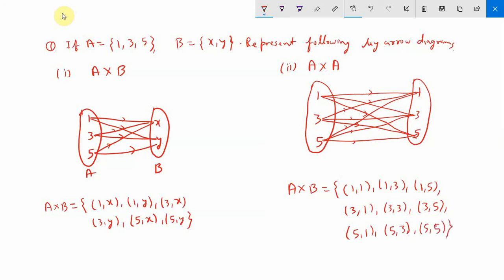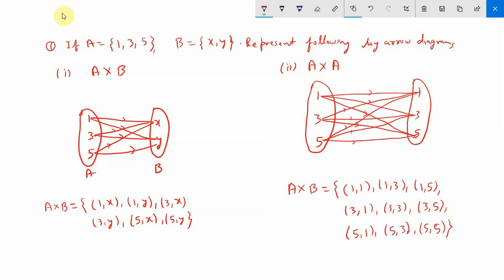Okay, so this is our A into A. So this is how we solve problems related to graphical and diagrammatical representation of Cartesian product.